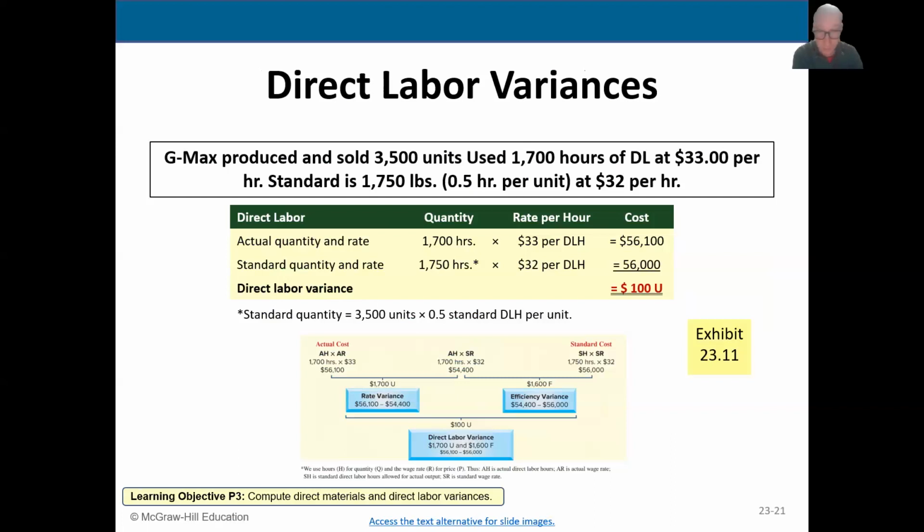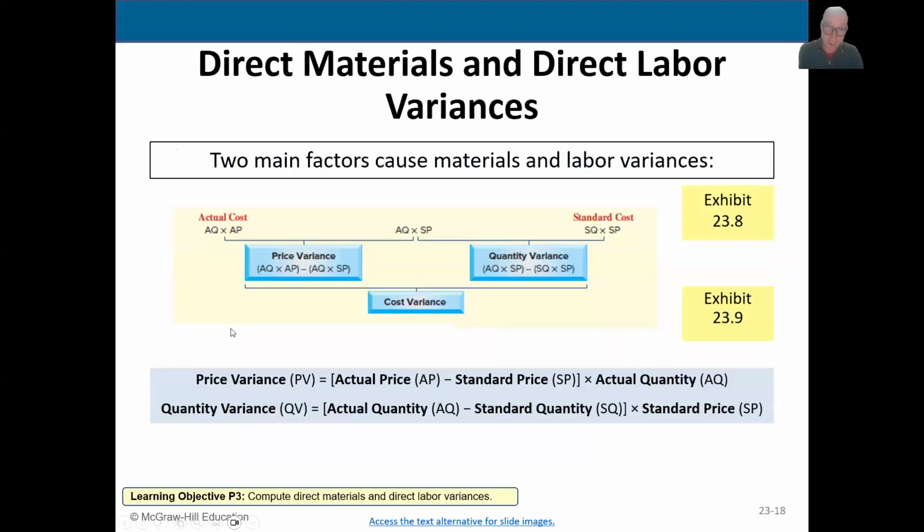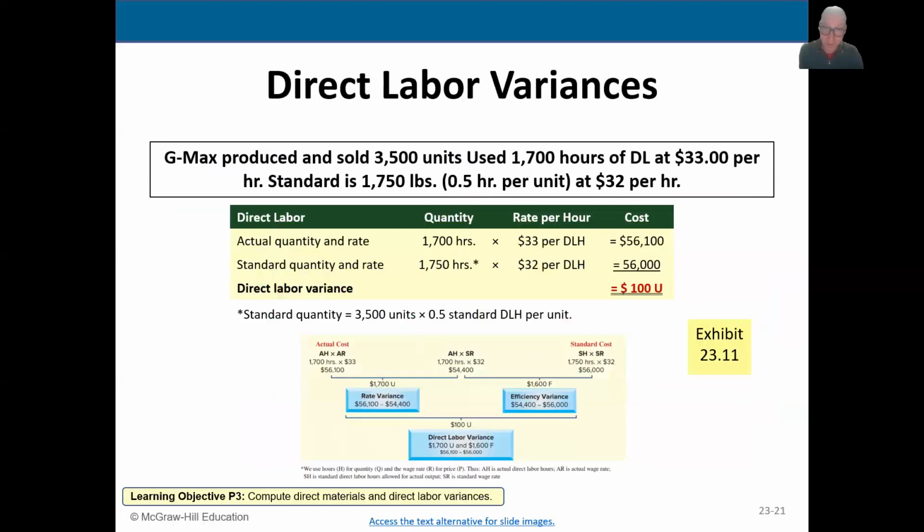We follow the same process for the efficiency variance. And for the efficiency variance, we're taking our actual minus the standard times the standard price.